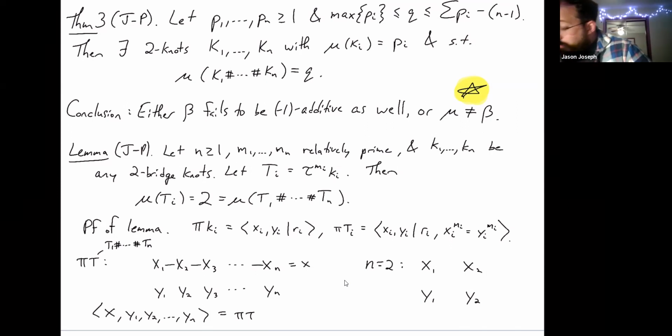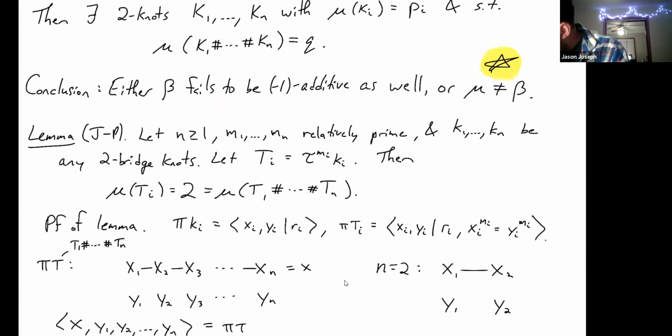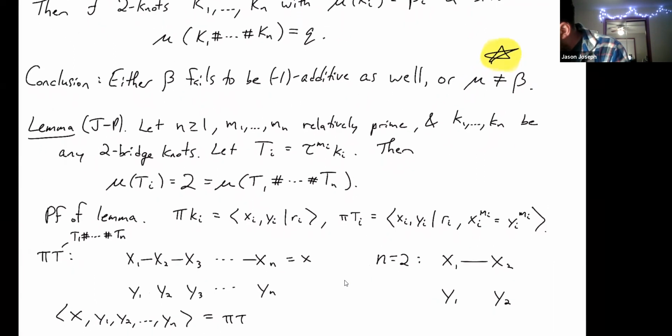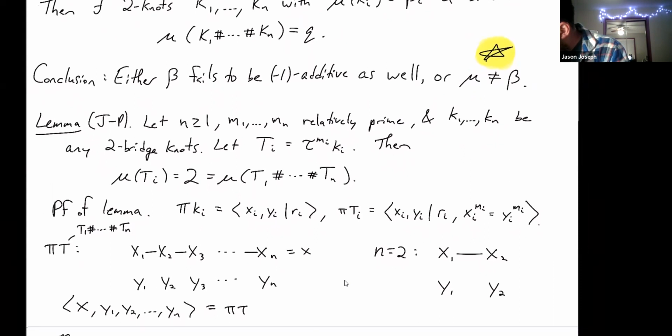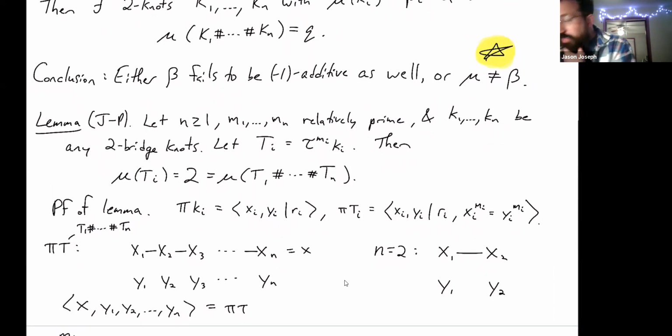So let's see what happens with n = 2 as an easy case. In this case, we're going to be able to do it because it's so small. So let's do a real example. The mi's, let's say they're 2 and 3. Those are coprime.